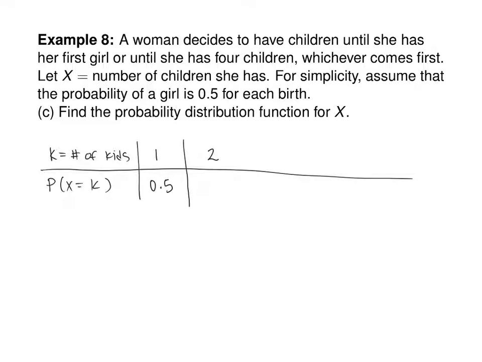How about having 2 kids? 0.25. How about having 3 kids? 0.125. And then 4 kids is the one place it's a teensy bit special because she can have 4 kids in 2 different ways, right? She can have 3 boys and a girl, or she can have 4 boys. So you add up those 2 probabilities you found in part B, and they add up to 0.125. And there's the PDF for number of kids.